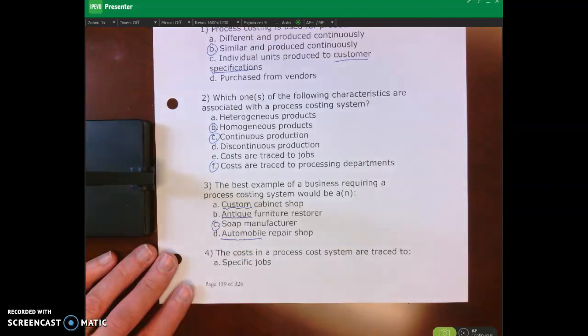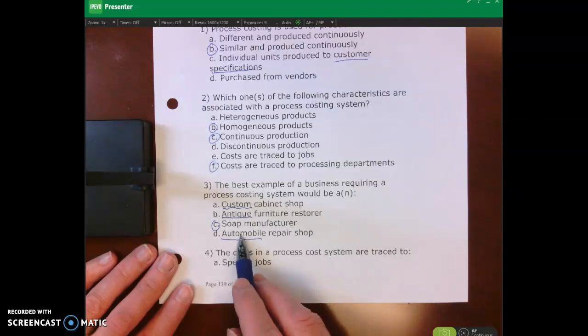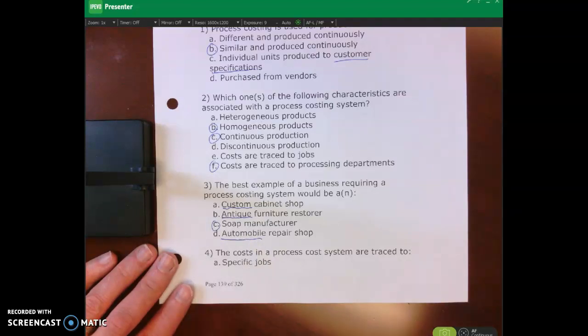Soap manufacturing is the one I've talked about a couple times, where we would use process costing because soap is identical or similar products. Yes, there are different types of soap, but it's still soap. It's not nearly as different as an automobile repair shop, where somebody might have a Virginia State inspection and somebody else has to have their muffler fixed.